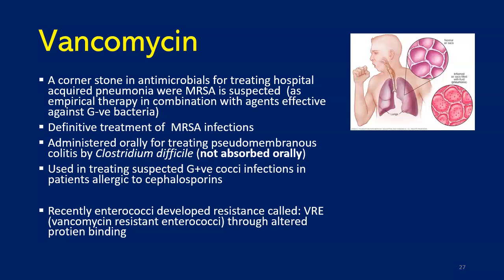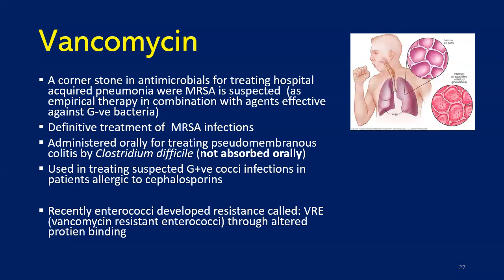Recently, resistance has been developing against vancomycin over the last 2 decades. The first case actually was isolated, I believe, in 1988. Then after that, it spread. Most of the bacteria that resist vancomycin are enterococci, and we call them VREs, vancomycin-resistant enterococci.